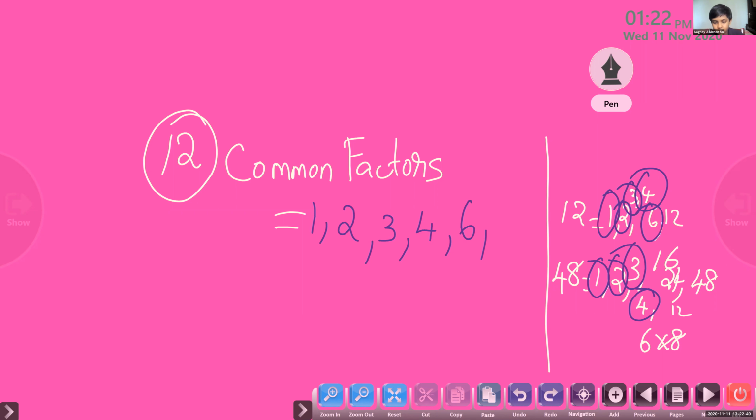Here also we have 12. So the common factors are only these: 1, 2, 3, 4, 6, 12. How many common factors are there? 6. And no need to write, but you can write, children, which is the highest common factor? 12. So no need to write the highest one, I just asked you to write.